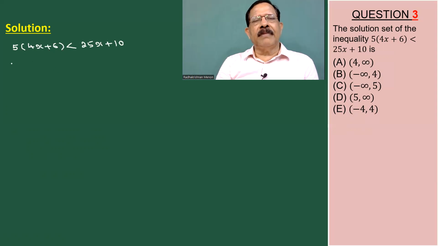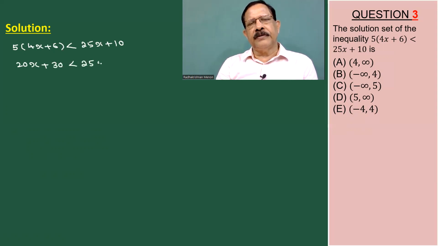Simplify, open the bracket: you are getting 20x plus 30 less than 25x plus 10. So 25x, you take to the LHS. We are getting 20 minus 25, which is minus 5x, less than minus 20. So we are dividing by minus 5.